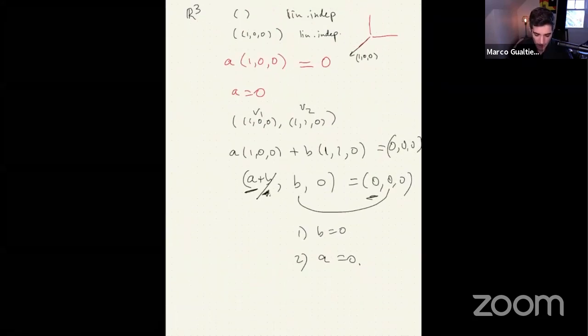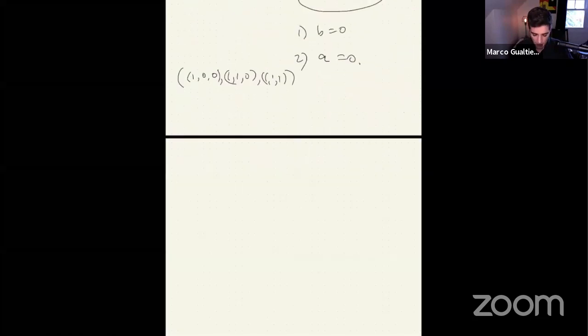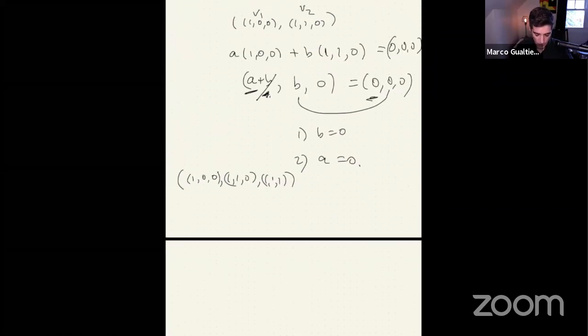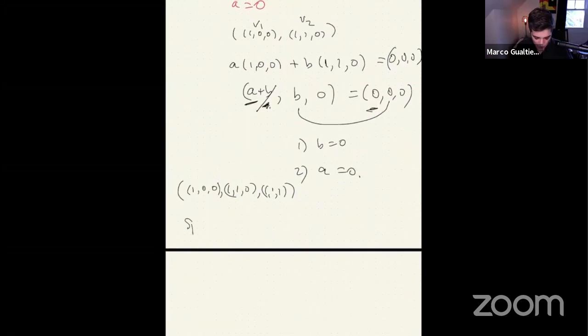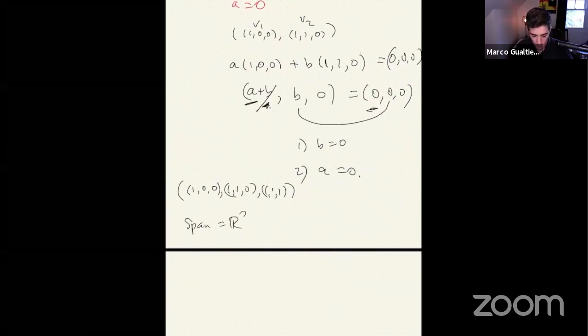Okay, and then finally, if I take 1, 0, 0, 1, 1, 0, and 1, 1, 1, for example, I claim that this spans all of R3.